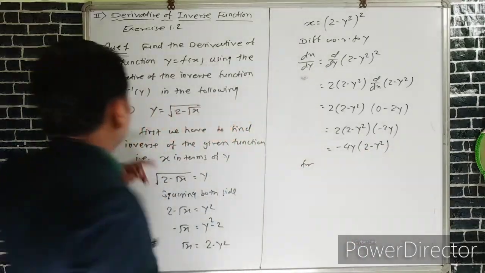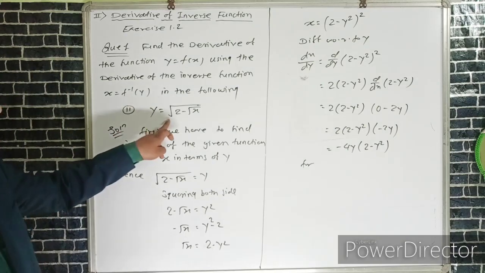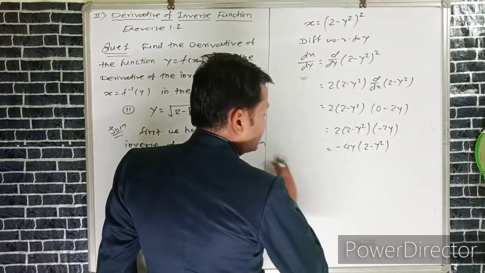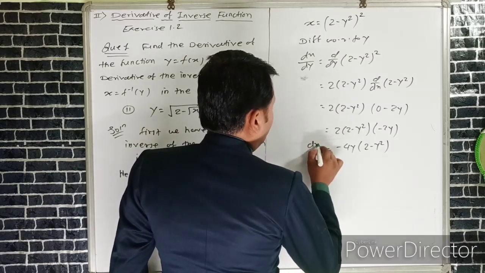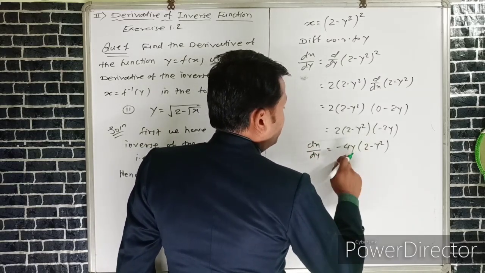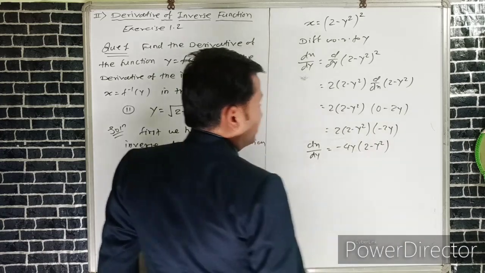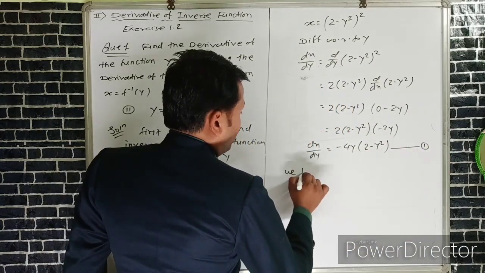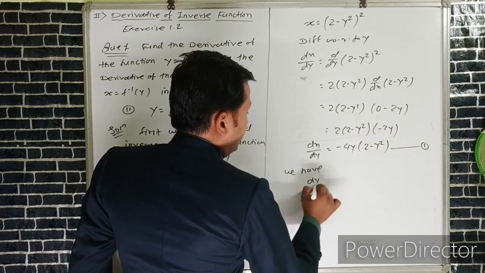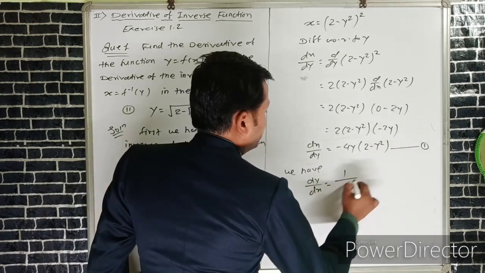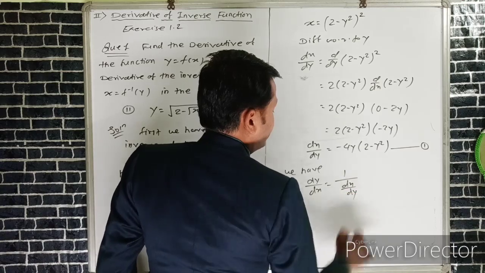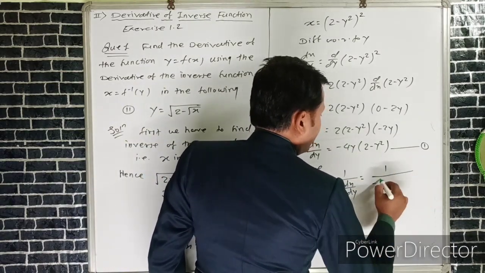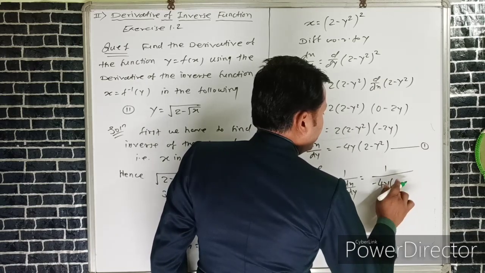We know that y is equal to under root of 2 minus under root x. Hence we can write dx upon dy is equal to minus 4y into (2 minus y square), equation number 1. But we have dy upon dx is equal to 1 upon dx upon dy. After substituting this value, we can write 1 upon minus 4y into (2 minus y square).